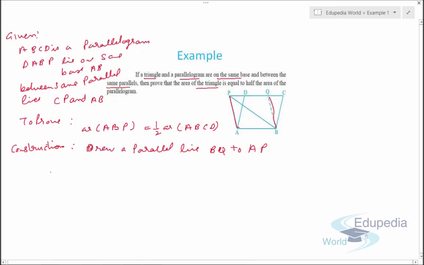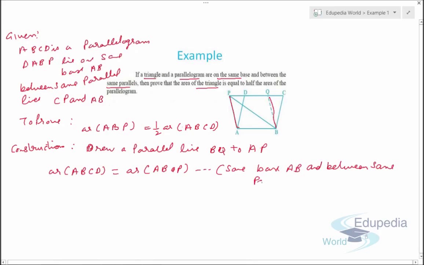Area of ABCD is equal to area of ABQP. Why ABQP? Because they are on the same base AB and between the same parallel lines CP and AB.